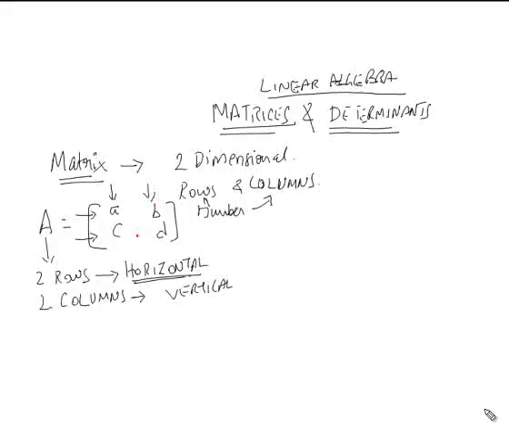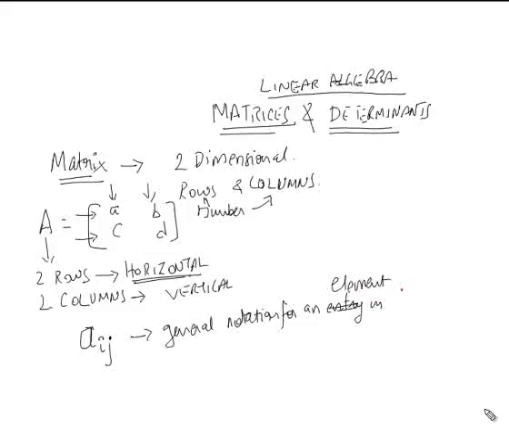Any entry in a matrix, I can represent by a general notation called Aij. This is a general notation for an element in the matrix A. What do I mean?